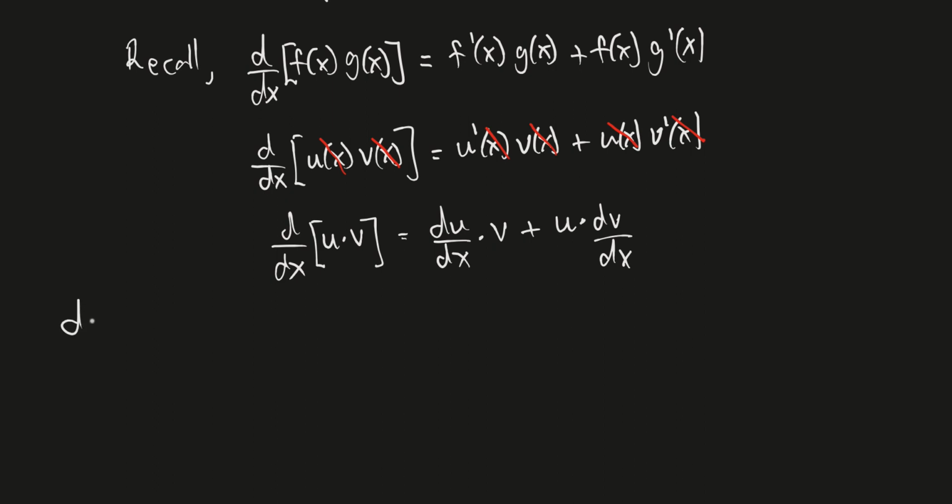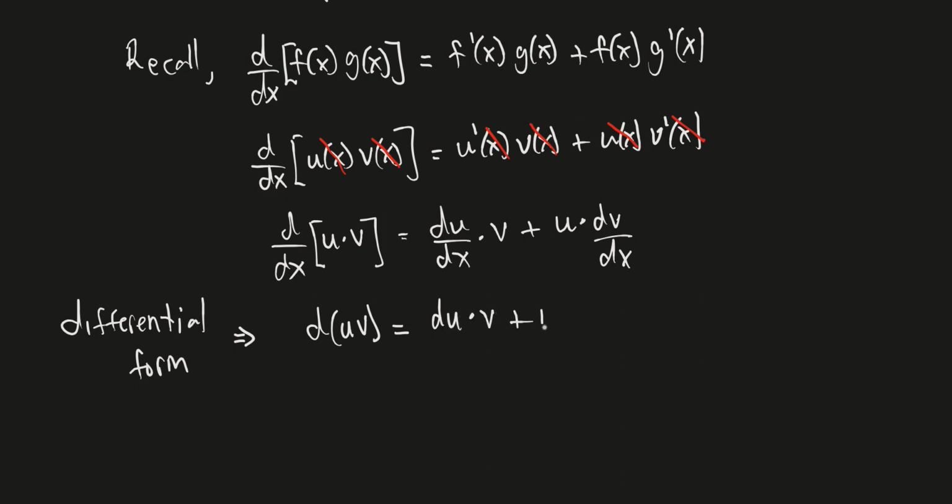So the differential form of the product rule says if I take the derivative of uv, I'm going to get du times v plus u times dv.